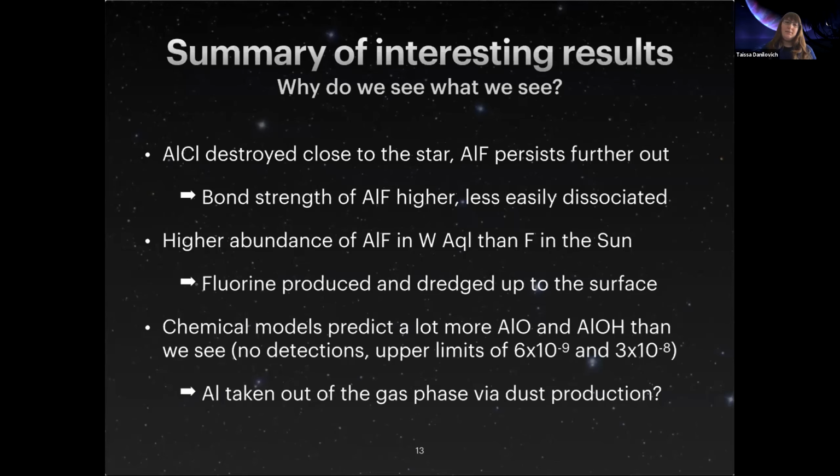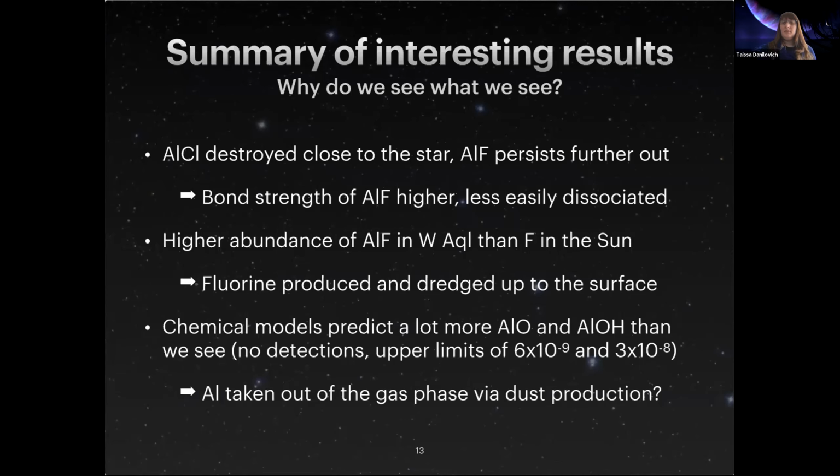We also see a higher abundance of AlF in W Aquilae than is seen in the Sun. This is, well, initially a bit unusual, but when you consider what I said earlier in the talk, that fluorine is produced in AGB stars and dredged up to the surface, this just indicates that there have been several or some dredge-up events in W Aquilae, which we already know since it is an S-type star.